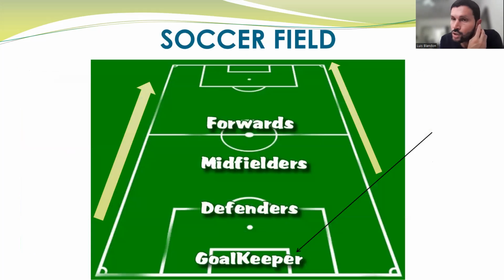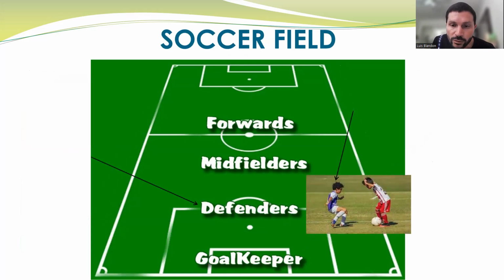Okay, so we not only have goalies, we also have other players that help the goalie, and we're going to go through each one of them. The goalie is just one person, and we have many different players helping the goalie play the game. One of those are the defenders. The defender is the one in front of the goalie, helping the goalie prevent the ball from going into the net.